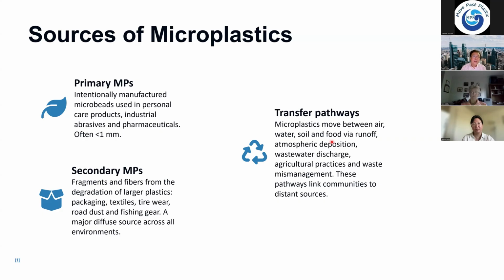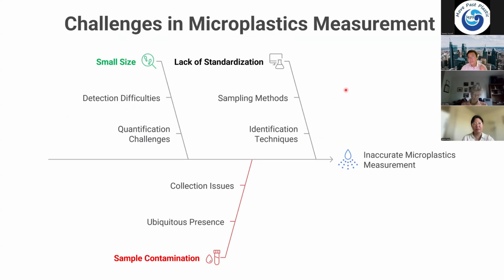Okay. So when we are doing microplastic research, there are several challenges we have to bear in mind. First of all, we want to know whether microplastics are present or not. That means we have to collect microplastics in the environment accurately, and then also measure them accurately. However, there are several known challenges.